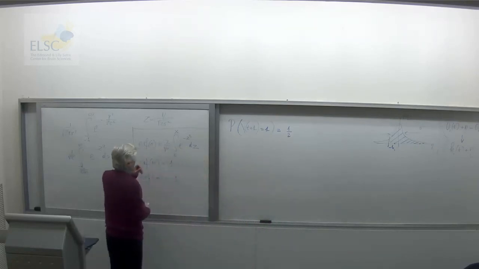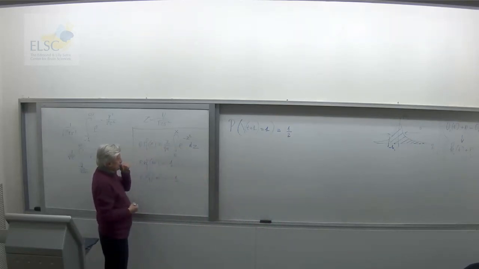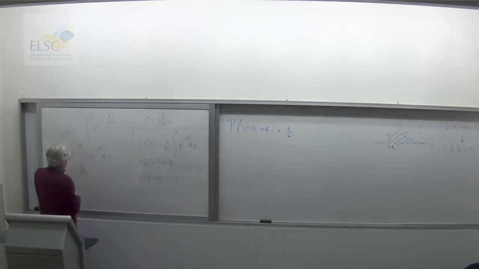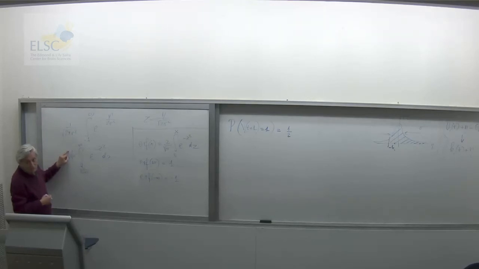1/2 because there is no 2 here. In the definition there is a 2, now there is without a 2. Now this I can split up into 2 things, from 0 to infinity, which is just 1/2, and then from here to 0, which is the error function of this.